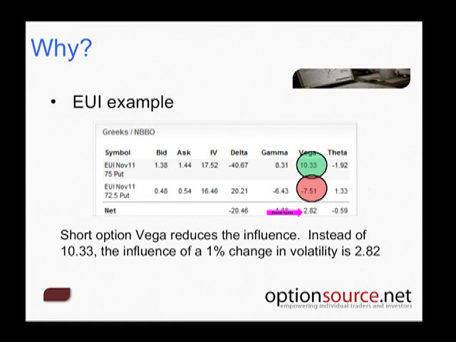Just another question as well. Let me just take a look. Same question: how is the liquidity for these particular FX options?